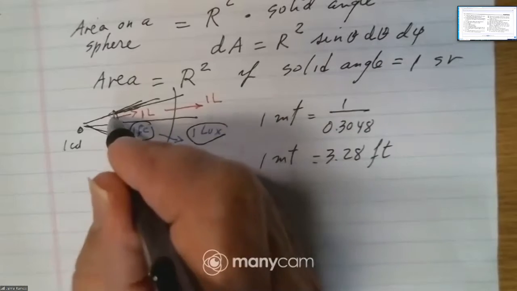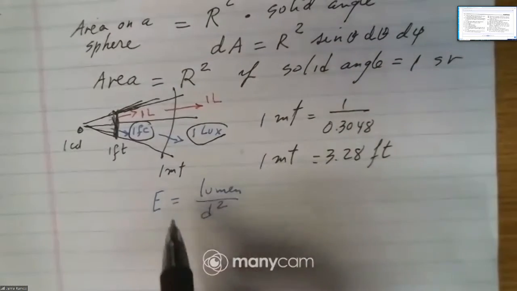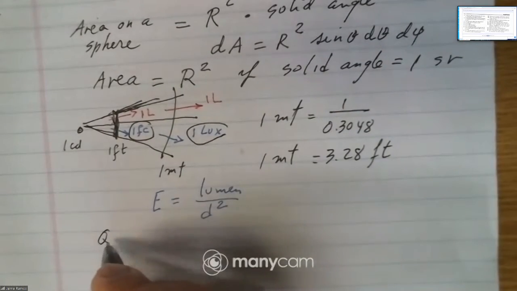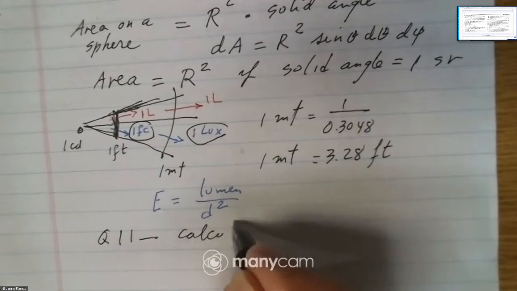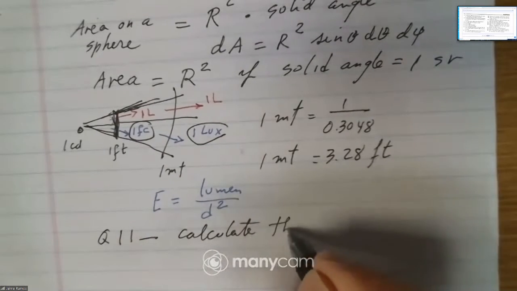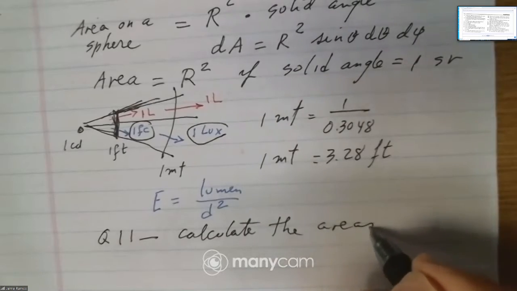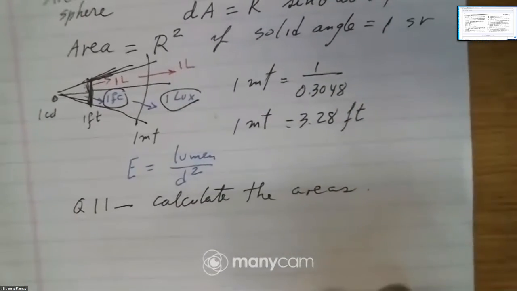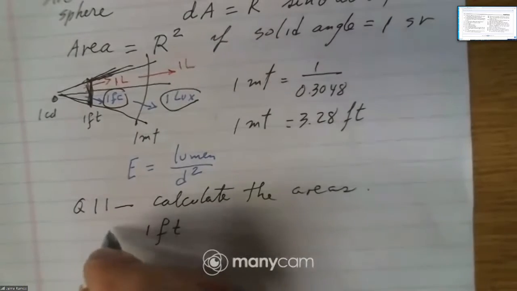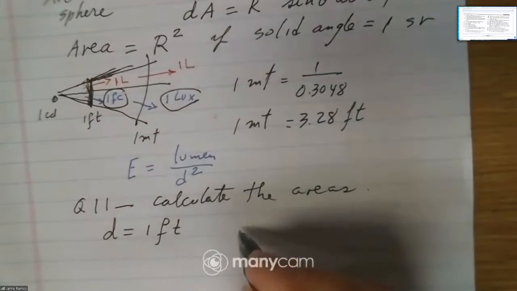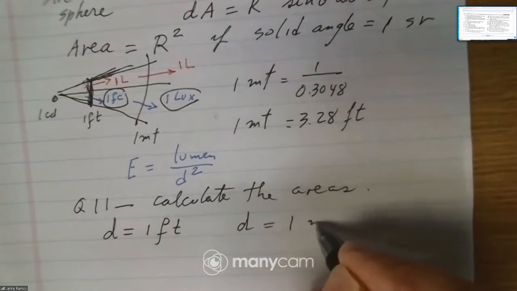For question 11, you need to calculate the areas involved at a distance of 1 foot and at a distance of 1 meter.